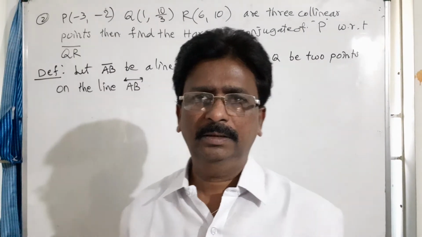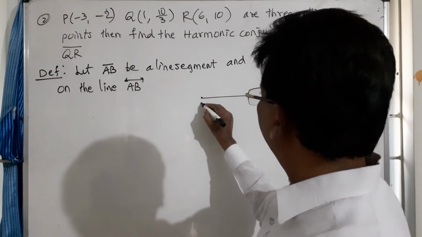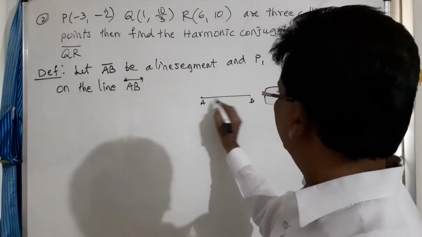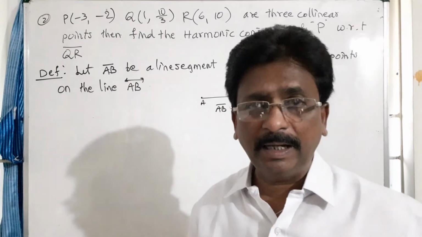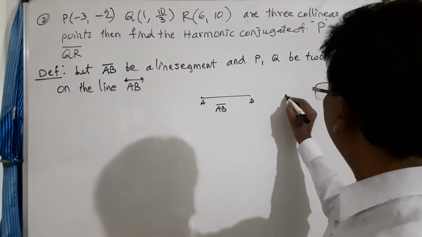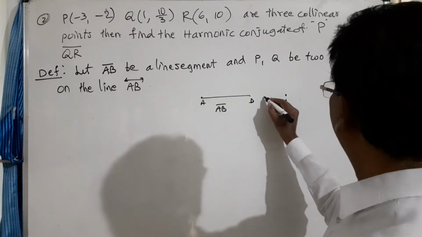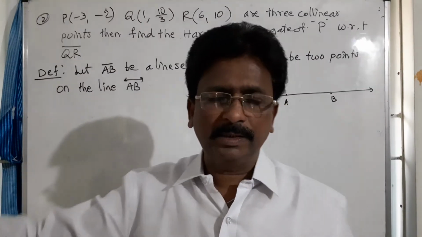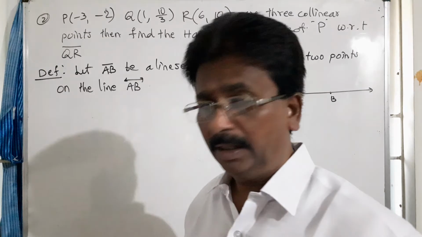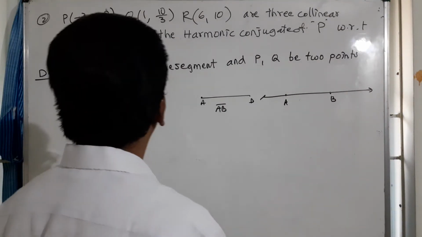AB with a double arrow represents not the segment; AB bar represents the segment from A to B, just the line segment. Double arrow means a straight line passing through A and B, endless. The line is passing through A and B. On that line, P and Q are 2 points.